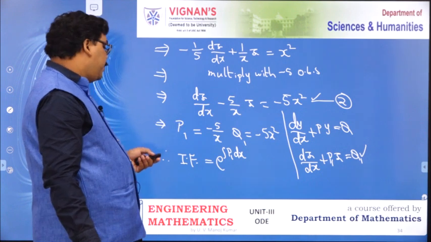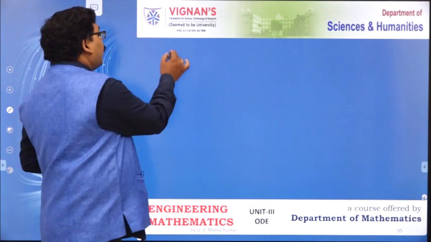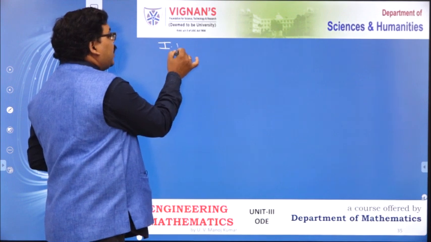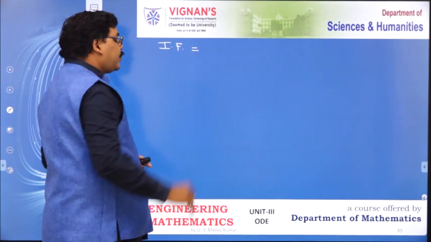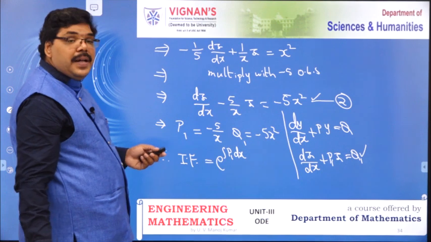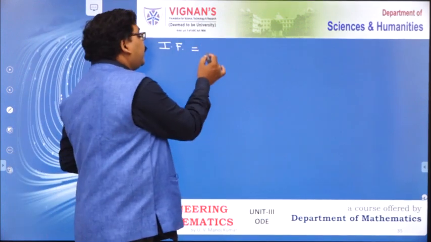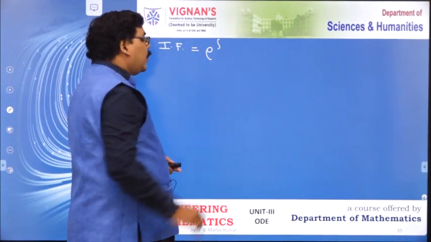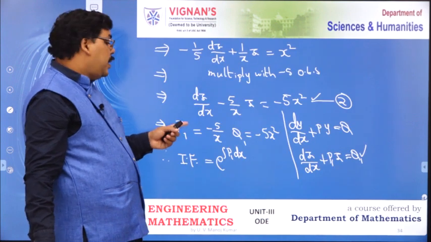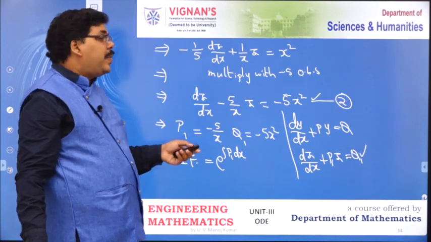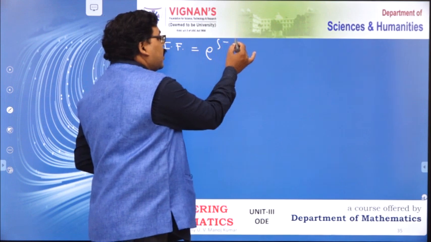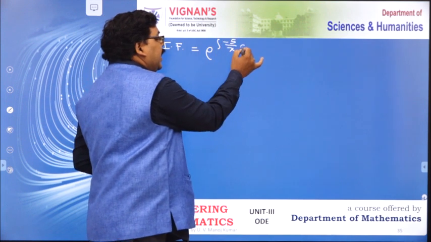Minus 5 by x. So the integrating factor becomes e power integral of minus 5 by x dx.